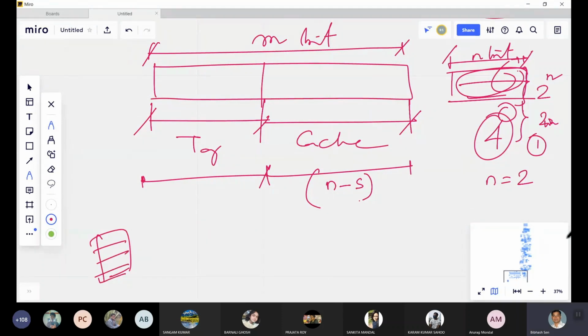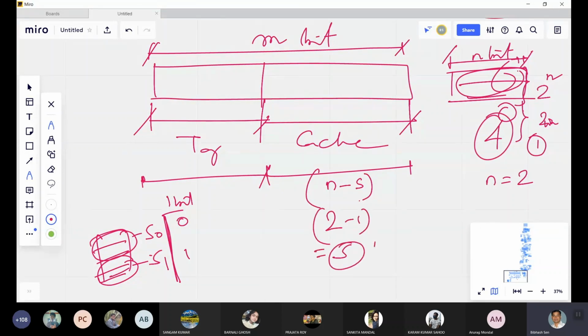You are making 2-way, so these 2 will be 1 set and these 2 will be another set. Between these 2, either 0 or 1 can record the set, so 1 bit is required. So if you take 2 minus 1, automatically s equals 1. That's why I am writing n minus s, and the tag bits are M minus n plus s. Now is it increasing or not?